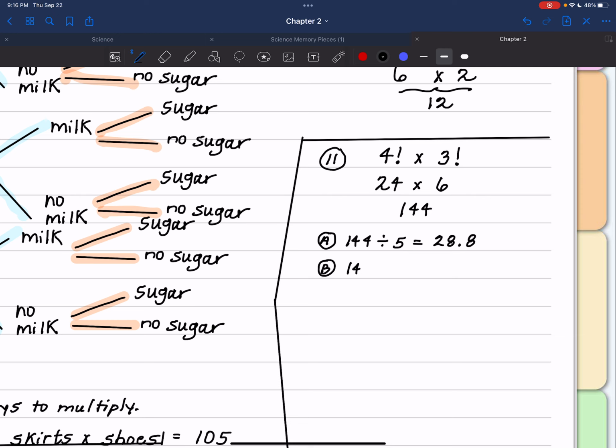Is 144 divisible by 7? If you didn't have a calculator, this would be quite a bit harder to do. That is not divisible. C is 8. I can already tell you this one won't be divisible. Oh, it is divisible.